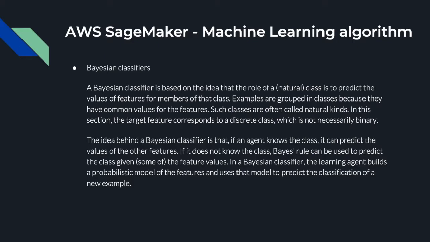The idea behind a Bayes classifier is that if an agent knows the class, it can predict the values of the other features. If it doesn't know the class, Bayes' rule can be used to predict the class given the feature values. In a Bayesian classifier, the learning agent builds a probabilistic model of the features and uses that model to predict the classification of a new example.